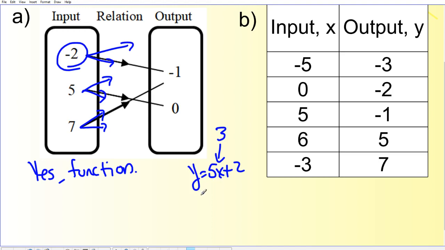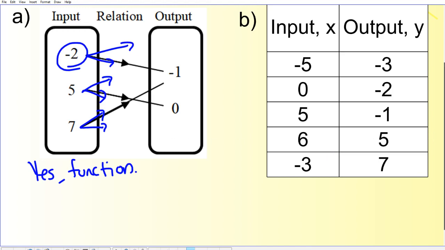If you can think of one, then there's a good chance that if you plug in one value for x and you get two values for y, the thing you're looking at is not a function. Okay? This one here is a function, and that's why. Because each input only had one output. Each time I plugged in one number, I got one answer.